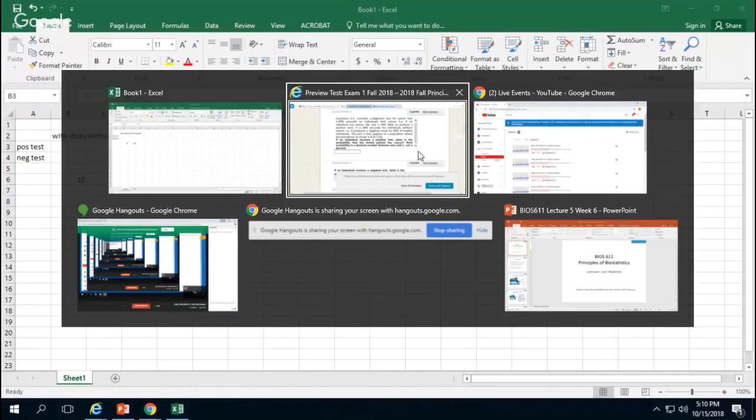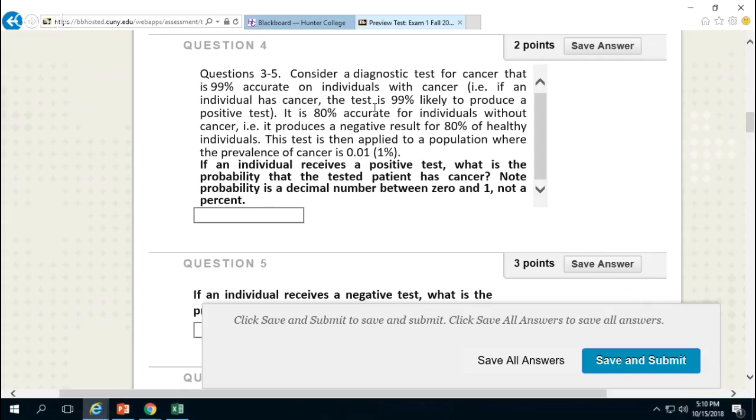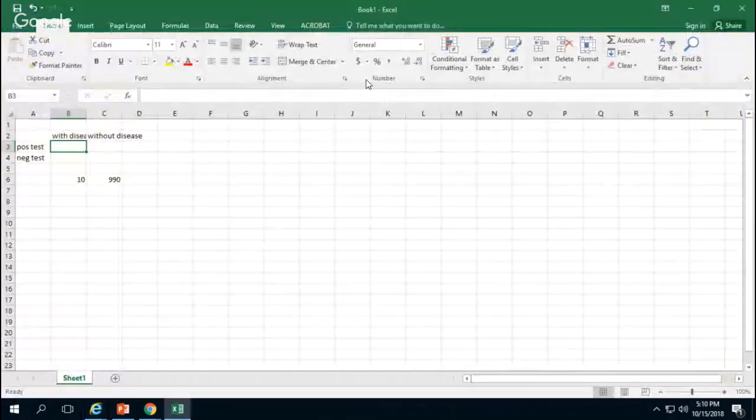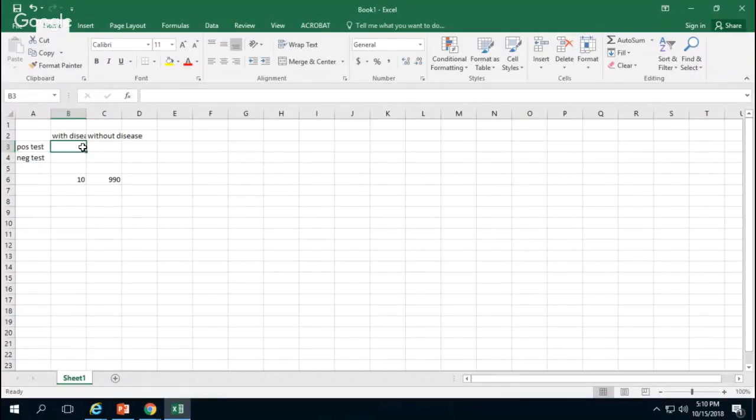So let me see, I need to call up the... so it's 99% accurate on individuals with cancer. So let's see. For those with cancer, it'll be equals B6 times 0.99, and here this will be equals B6 times 0.01.